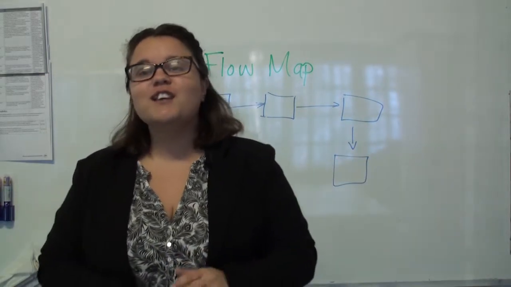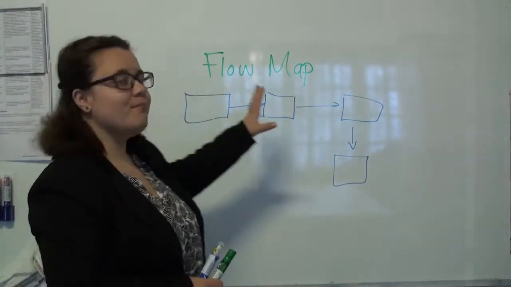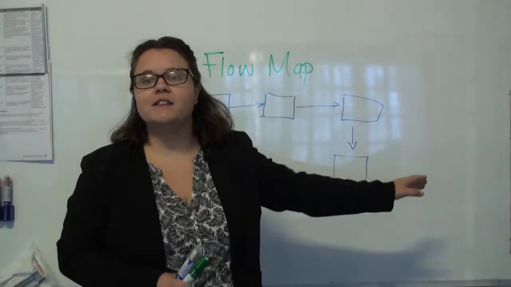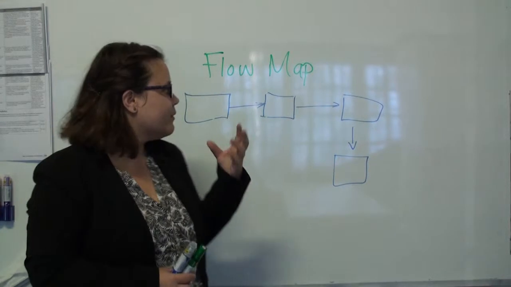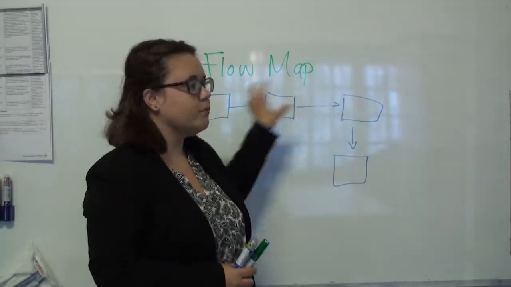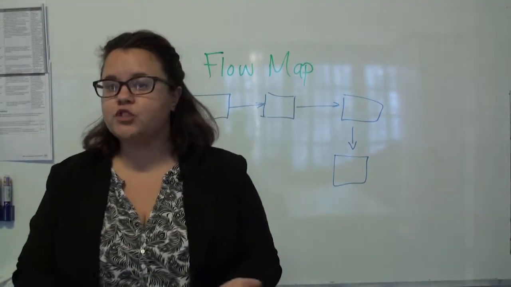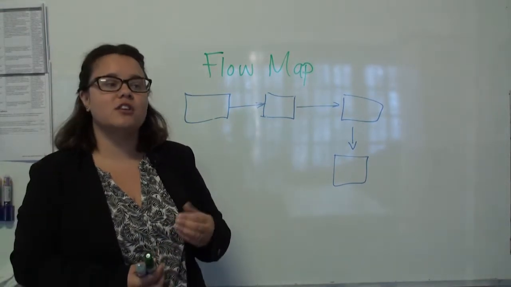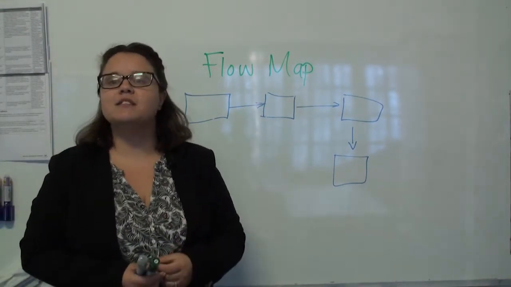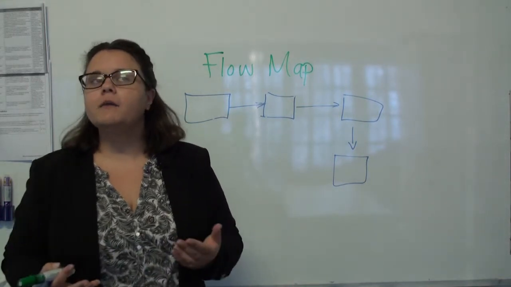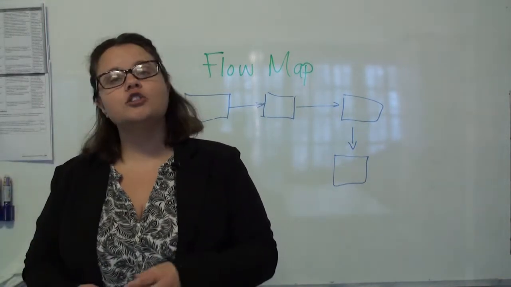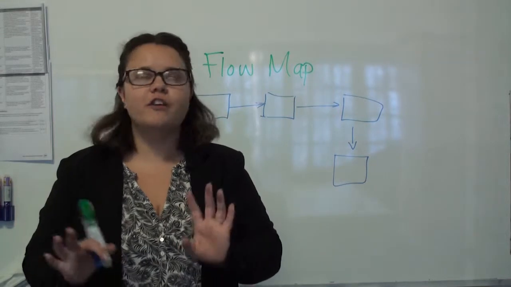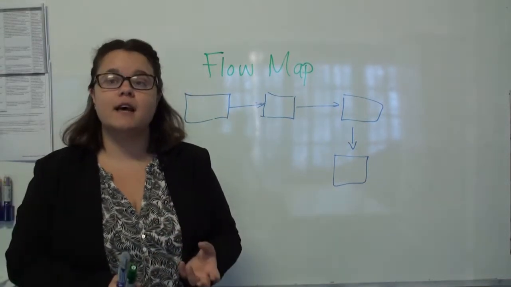So yes, a flow map is sequencing events, and the thinking map that you would use when you are using food chains would be this one. It wants you to make that connection that there are things happening step by step. But it can be used for other subjects, not just food chains in natural sciences.